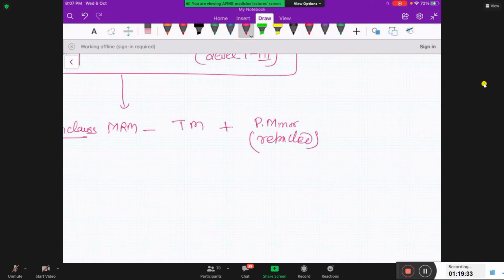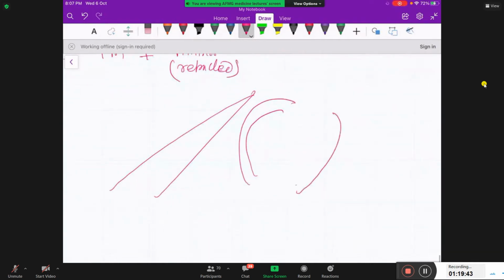We don't remove it, we just retract it. Means if this is a pectoralis minor muscle, we can retract it medially like this. We can retract with a retractor laterally like this. And once we remove the retractor, the muscle is still there. We don't remove it. So we just retract the muscle.